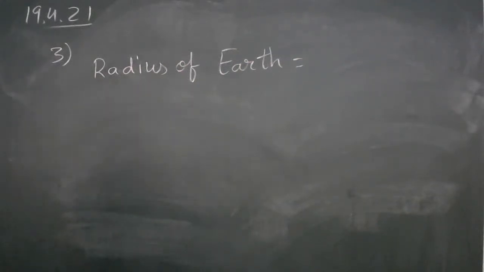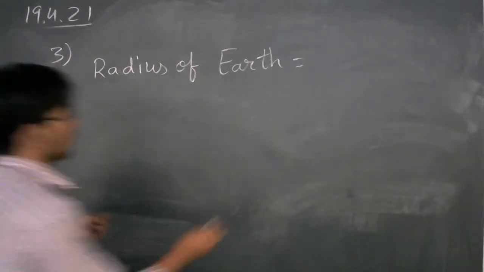और ये diameter क्या होता है? What is the meaning of diameter? Joining 2 points in a circle and passing through center.